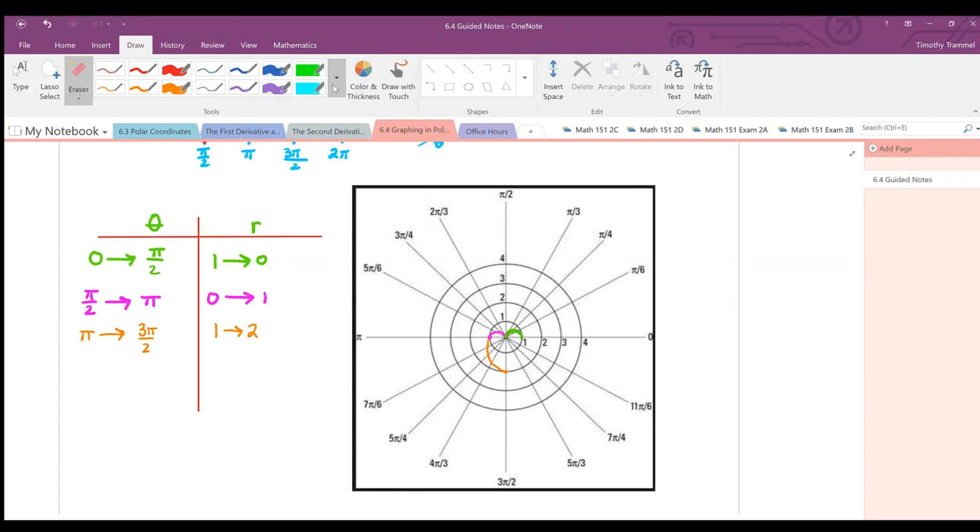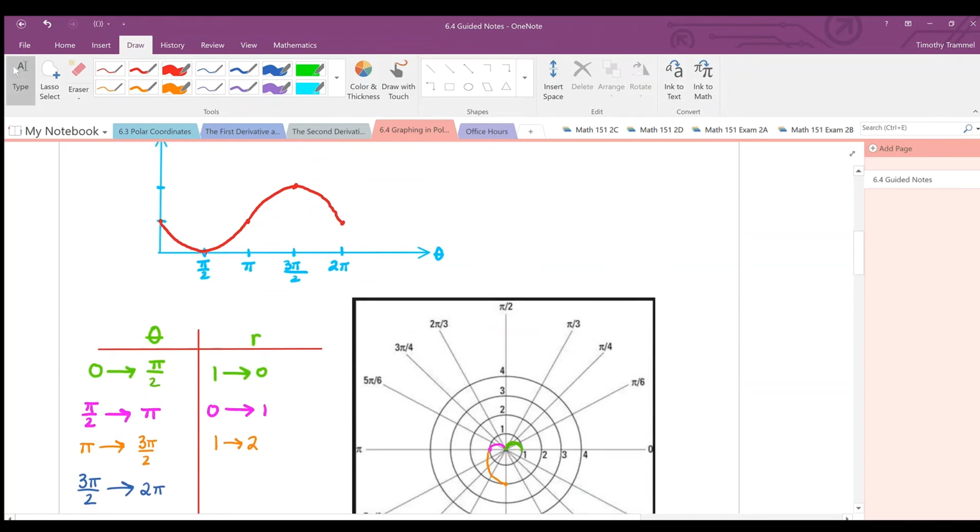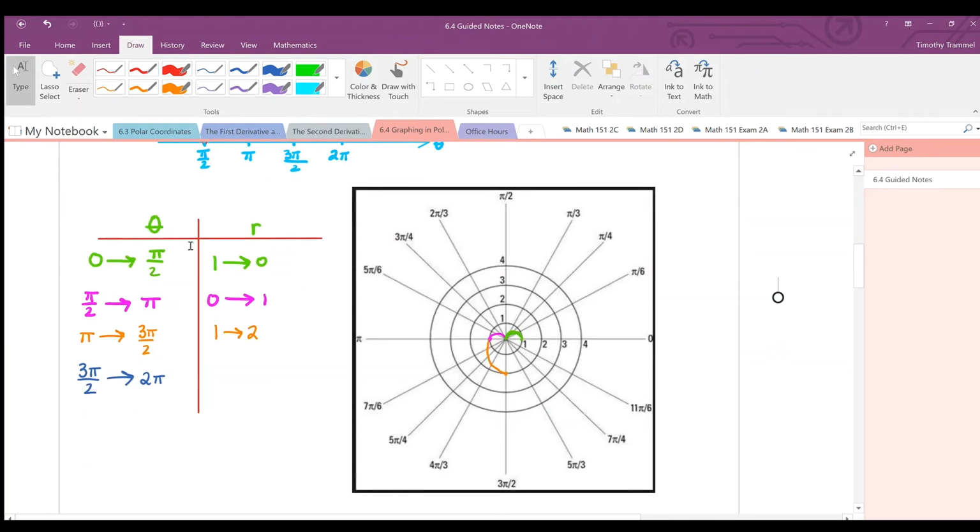And one more to go here. So let's go 3 pi over 2 to 2 pi. And as we rotate or move from 3 pi over 2 to 2 pi, r is going from 2 to 1. So at 2 pi, once we've made one full revolution, we should come back to r being 1.